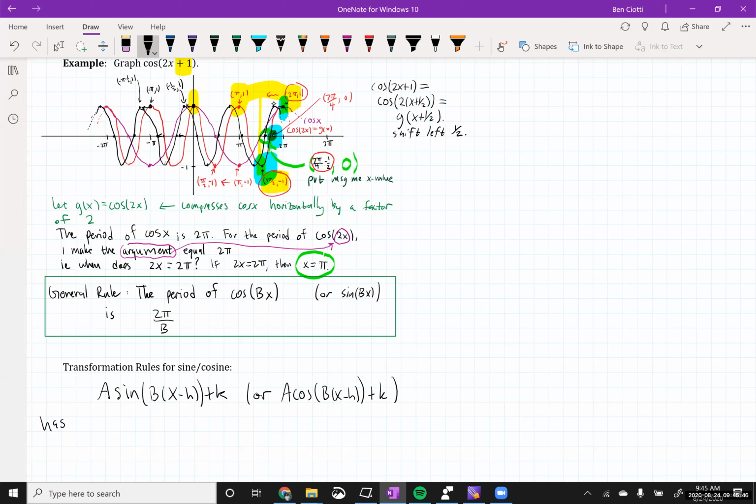It has amplitude A, period 2 pi over b, midline y equals k, and a horizontal shift of h.